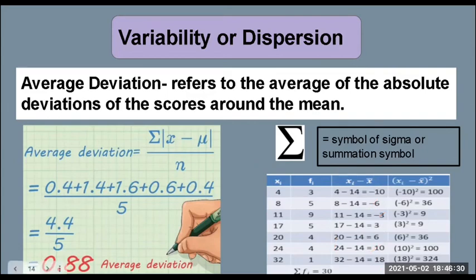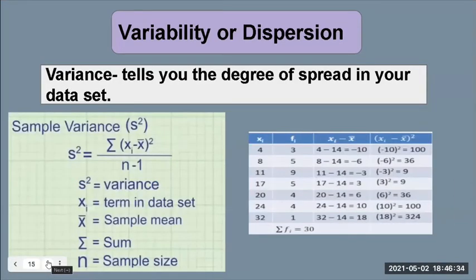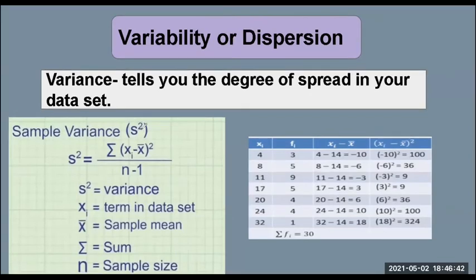Next, we have our variance. So remember, this is the symbol of variance, s squared. And then we have our formula. So again, this is the sigma for summation here.